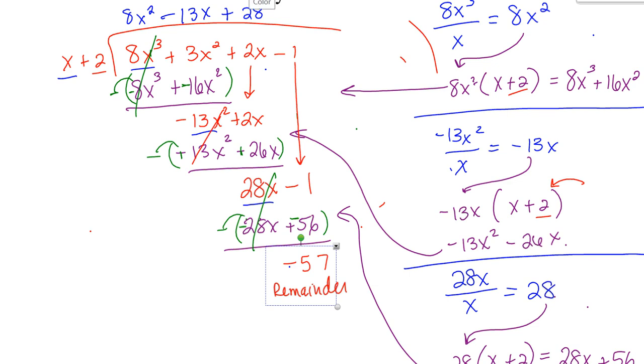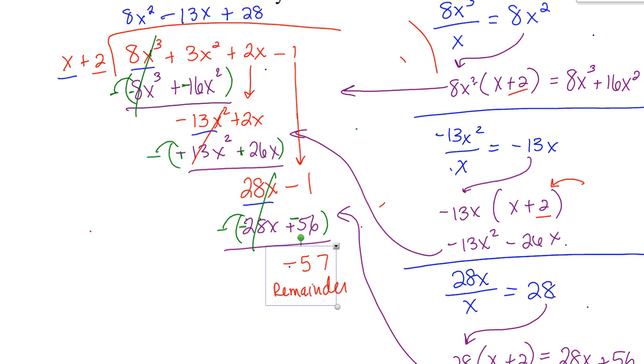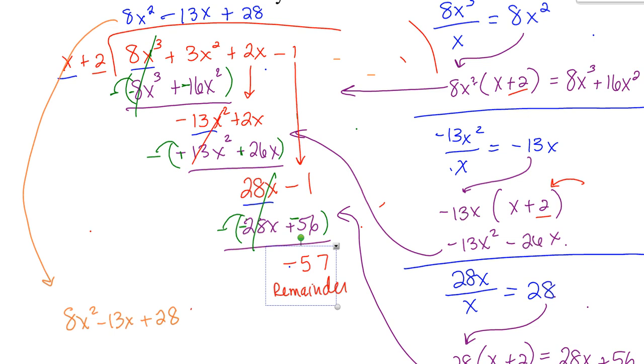Okay, so the answer is going to be the quotient 8x squared minus 13x plus 28. Then you're going to take the remainder and do plus negative 57 over that divisor, x plus 2.